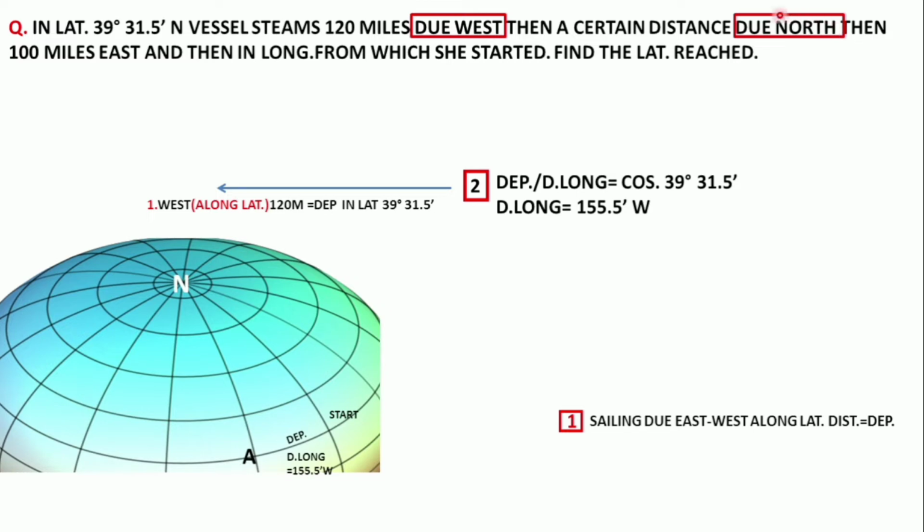When he says that the ship goes due north, it means that you are sailing along a meridian. And the distance traveled along the meridian is D lat, because D lat is the arc of the meridian.